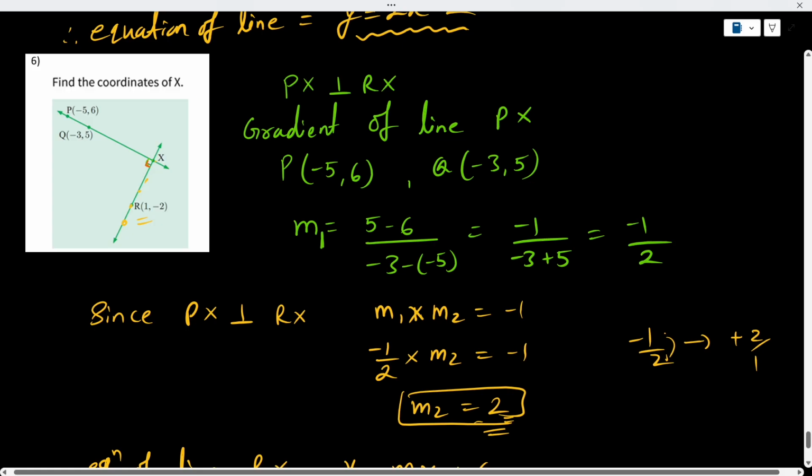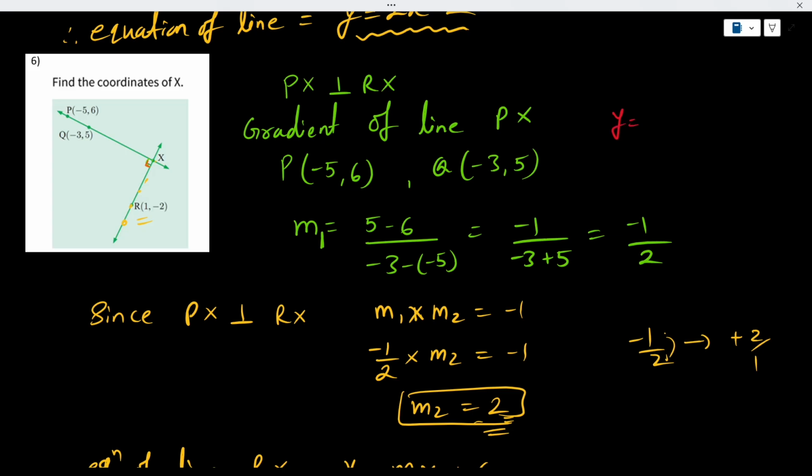So let us see how we can do it. y equals mx plus c. Now y equals -1/2 x plus c. Now P and Q both are part of this line, so I can substitute either P's coordinates or Q's coordinates. If I put Q's coordinates, that is 5 equals -1/2 times -3 plus c, right? So that is 5 minus 3/2 equals c, because -1 times -3 will become positive.